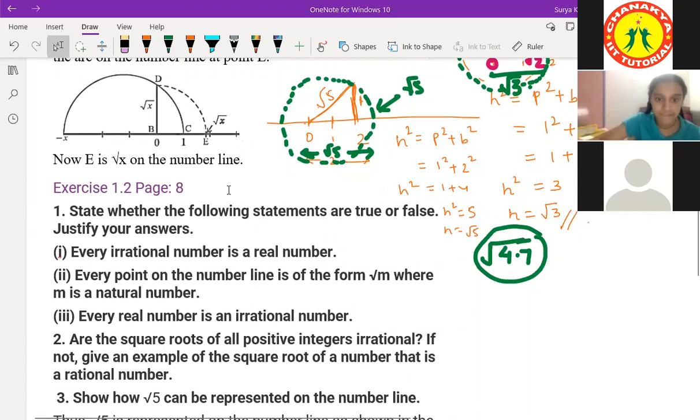Please let me know. Out of 5 people, how many of you can do this? Root of 4.7.